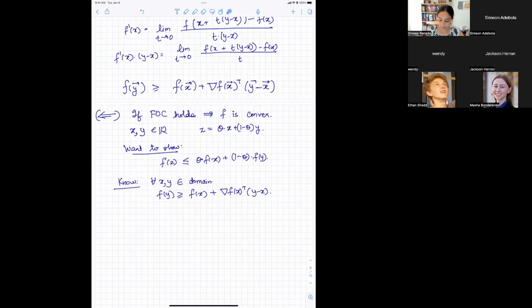So this compares f of x and f of y. What do we want to have a connection between? We want to connect f of z to f of x and f of z to f of y. So what might be some points that you want to choose for applying this?